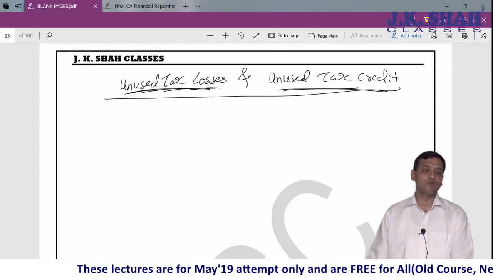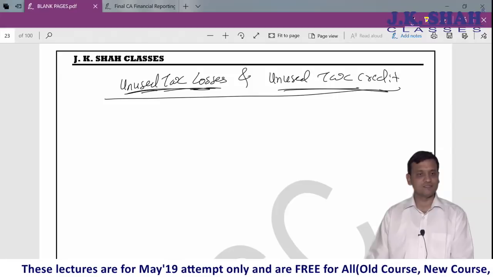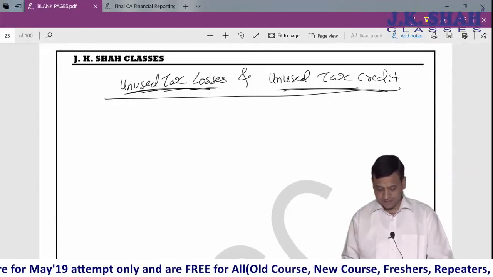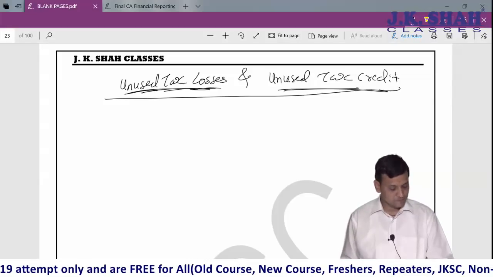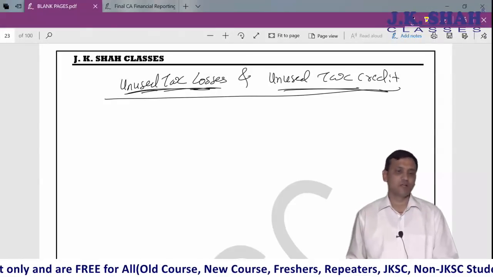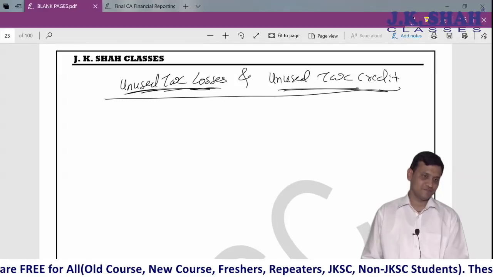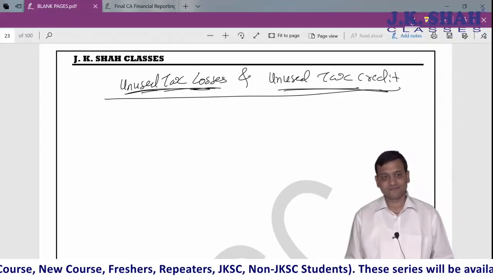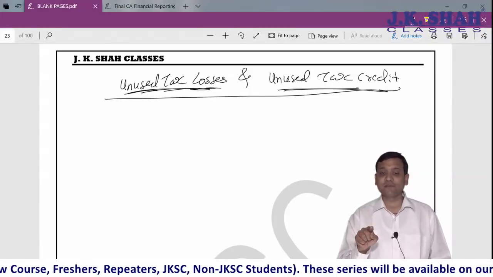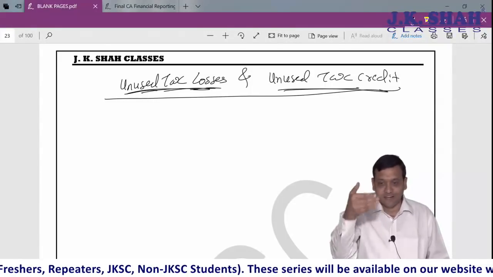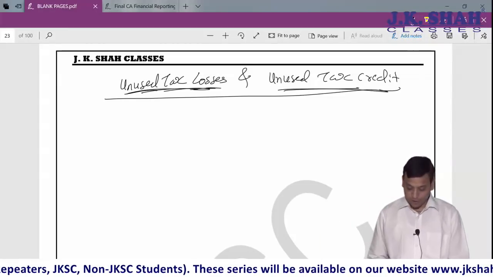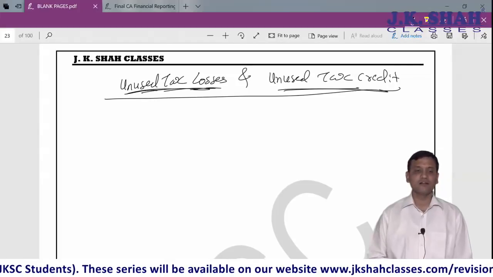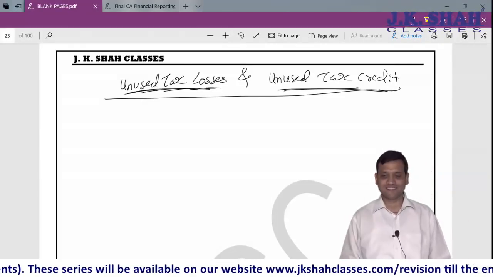So the amount which is in excess is referred as unabsorbed depreciation, and that is allowed to be carried forward for subsequent year. That is nothing but unused tax credit. Now what happens because of this? Can I say as a result of this, my future tax payable reduces? Because of unused tax losses, my future tax payable reduces.